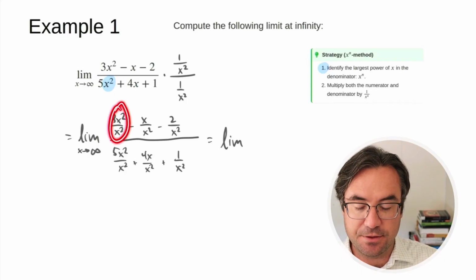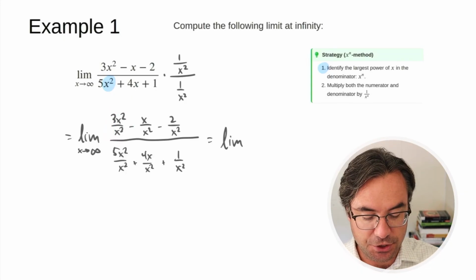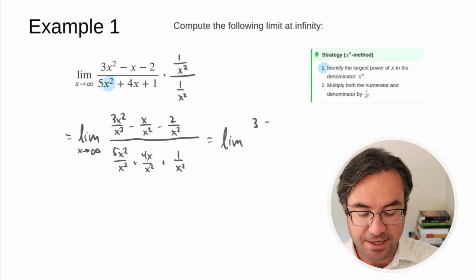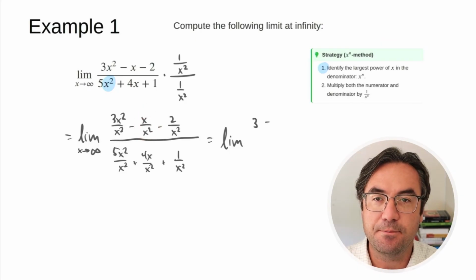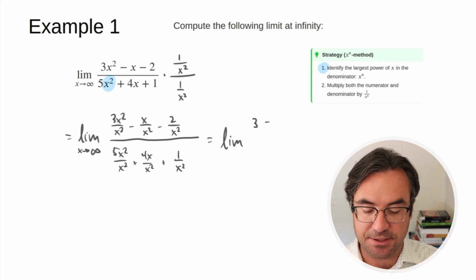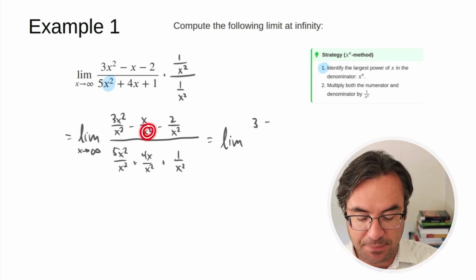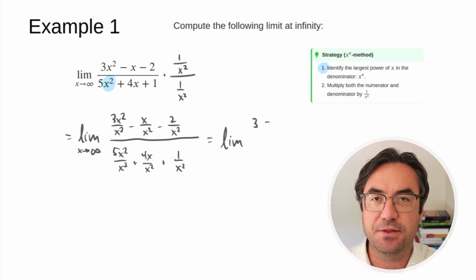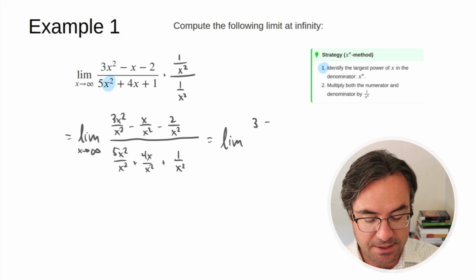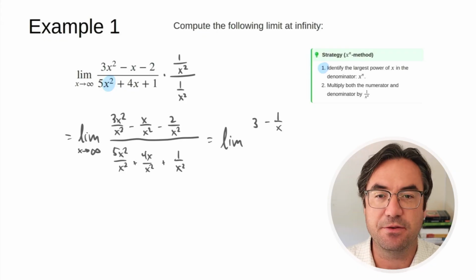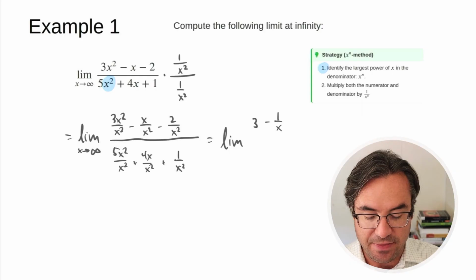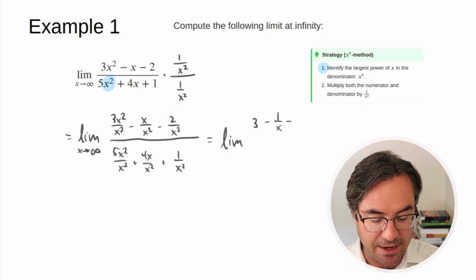So the first fraction, the x squareds cancel, and we're left with just a 3. The second fraction, we get a little bit of canceling with the x's. We have 2 copies of x in the denominator and 1 copy of x in the numerator, so when that simplifies, we're left with just 1 copy of x in the denominator. And that third fraction doesn't simplify anymore.